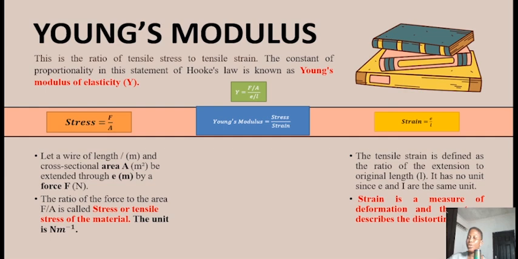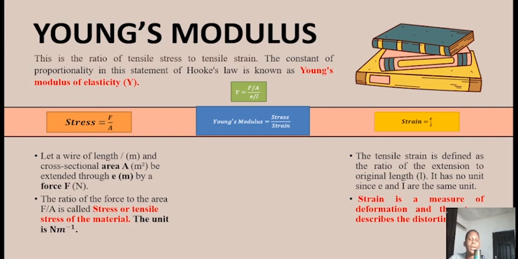Let's try to do the two. So we talked about a few quantities here. We talked about our stress, right? And we said our stress is force per area, force over area. Don't forget the unit of your force is Newton, and the unit of your area is meter square. So the unit of stress is Newton per meter square.